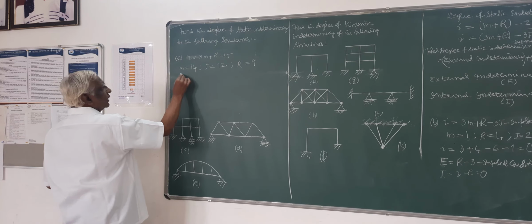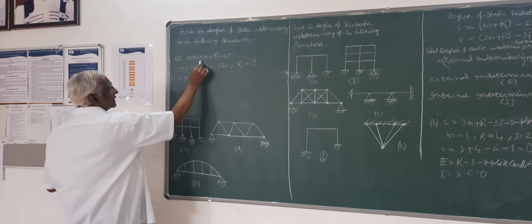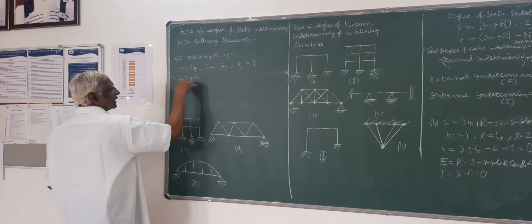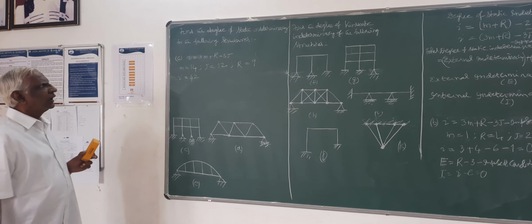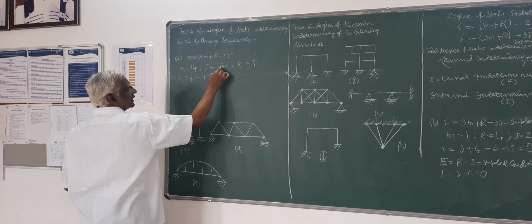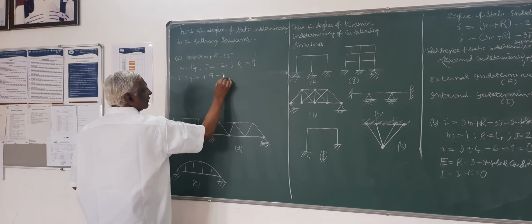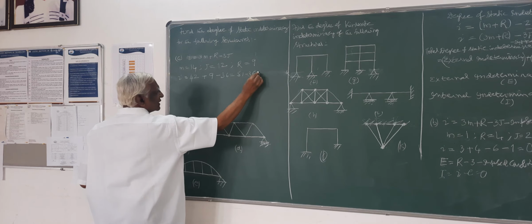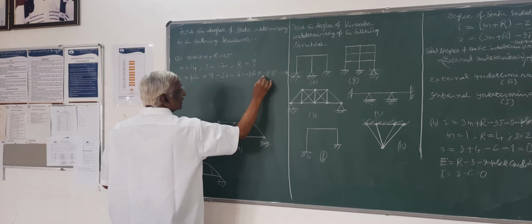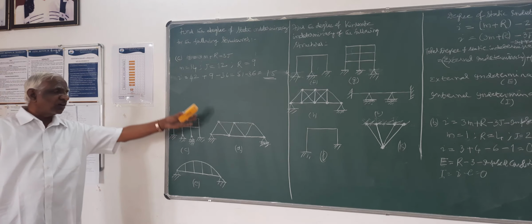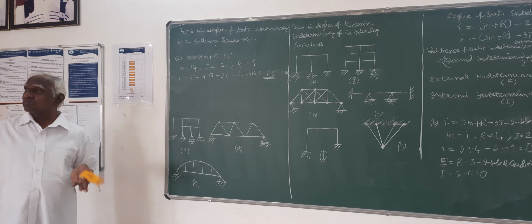Therefore, the degree of static indeterminacy is 3m, 3 into 14, that is 42. Then plus r is 9, minus 3 into j, 3 into 12, 36. This is 51 minus 36. So that is 15. The degree of static indeterminacy of this is 15.